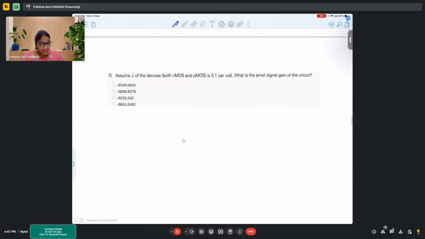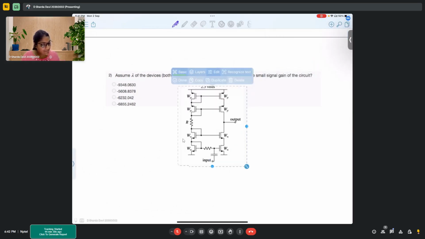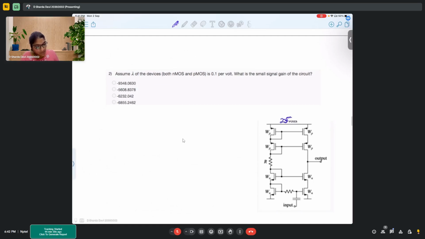In a similar fashion, earlier we didn't consider the effect of lambda, so lambda was not part of the problem. But now it is said to assume a lambda of 0.1 volt inverse for both the transistors, so this lambda has to be inserted for both.